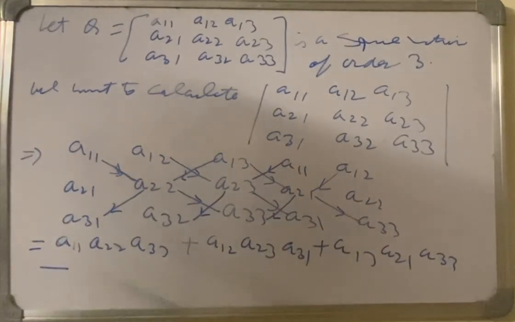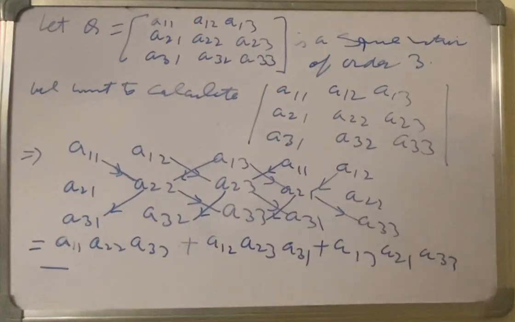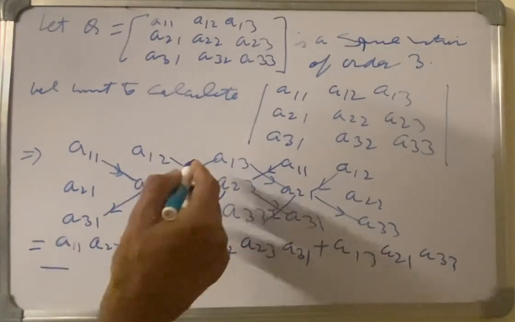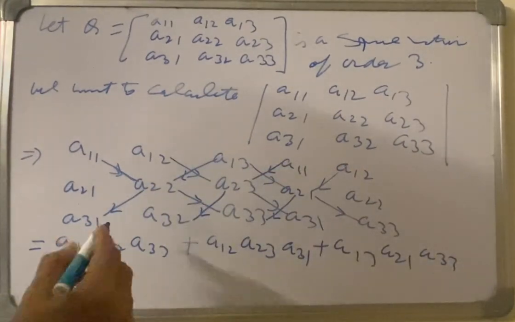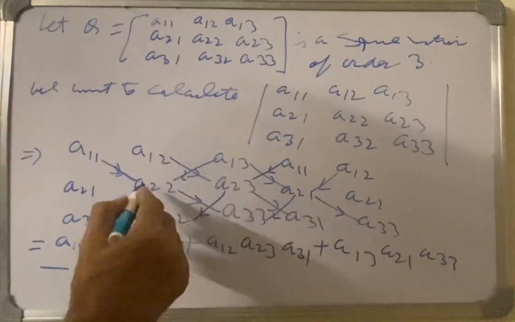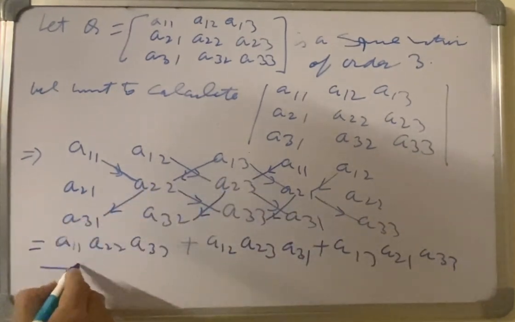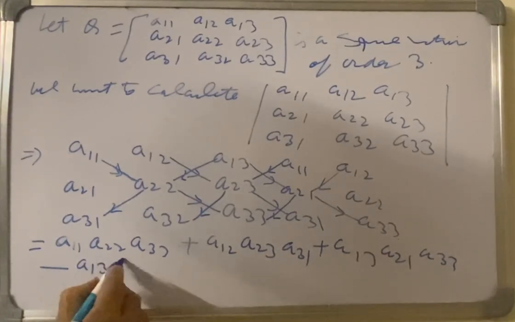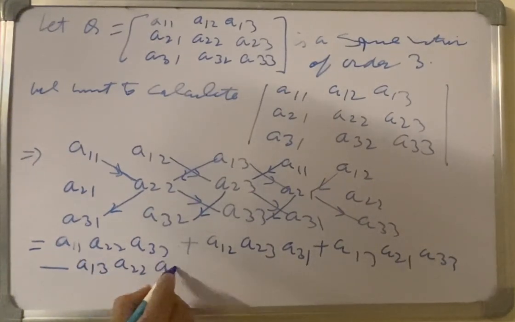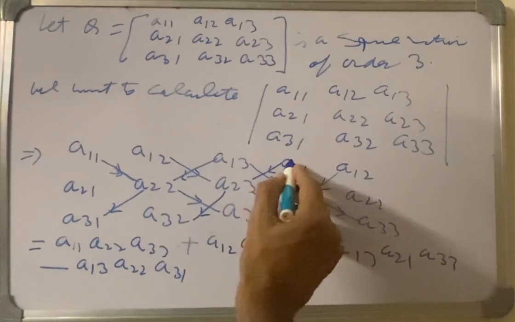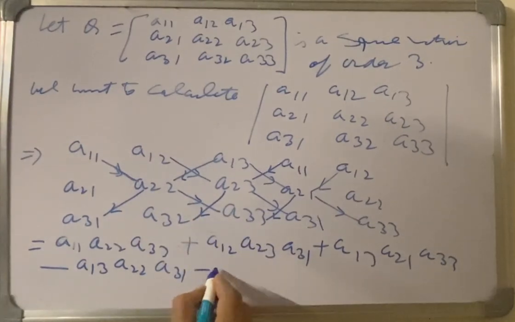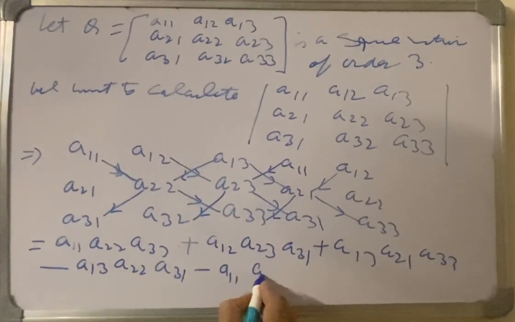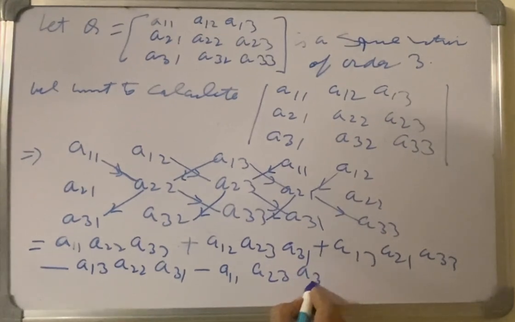Minus, we shall take sum of products of elements of broken lines which are perpendicular to diagonal. So this is A13, A22, A31. Then second is minus A11, A23, A32.